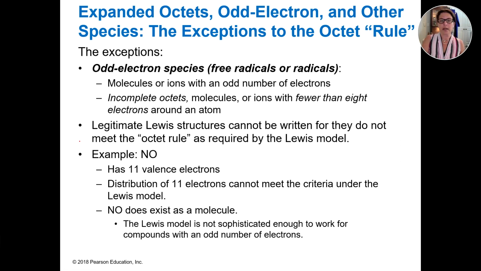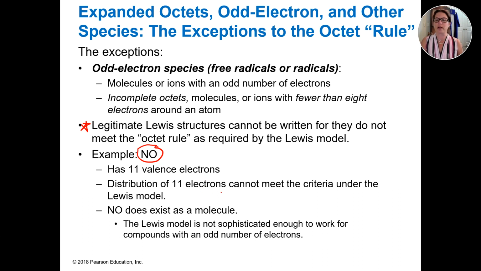All right. Now, this is an important part right here. Legitimate Lewis structures cannot be written for these, as they do not meet the octet rules required by the Lewis model. So just because we can do an expanded octet doesn't necessarily mean it's following Lewis. We still kind of write it out the same way, but different parameters are involved. So if we look at an example of odd electron species, one of them is nitrogen monoxide. There's only 11 valence electrons total. There's no overall charge on it.